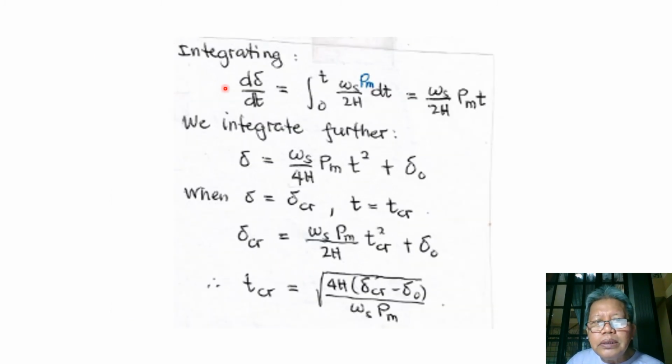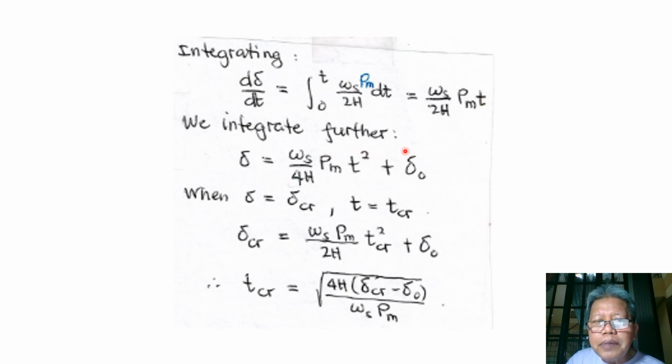So integrating the second derivative of delta, we just get the first derivative, while at the right we integrate from 0 to t of omega s over 2H Pm dt, so we just have omega s over 2H Pm times t.